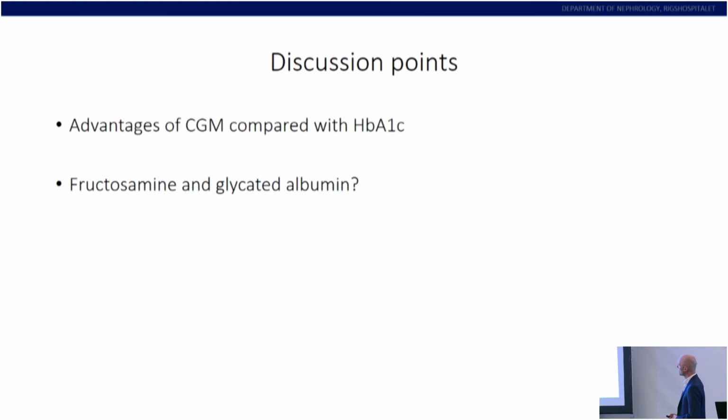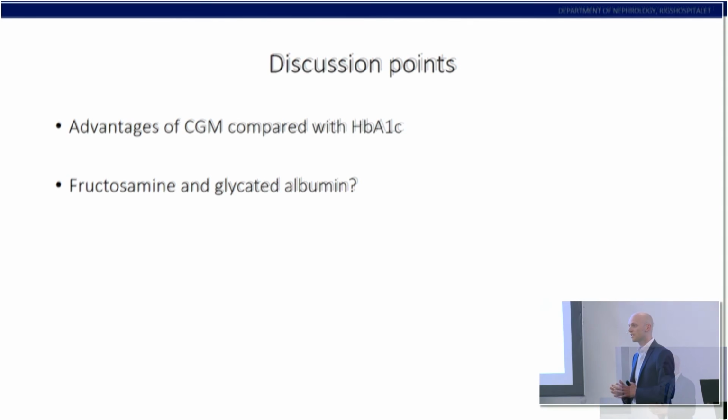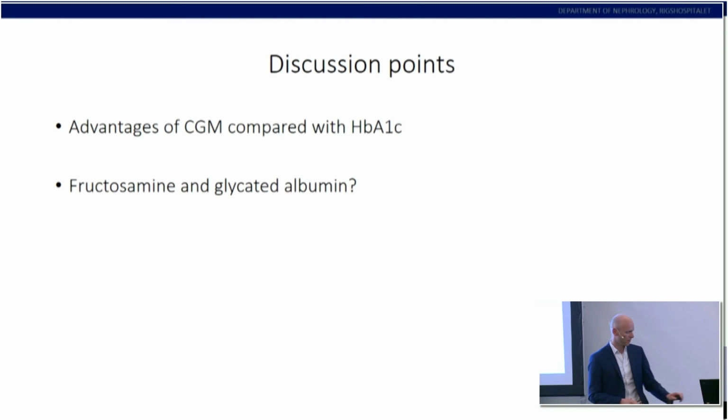Then we have fructosamine and glycated albumin, and I just showed you that they were similar for the haemodialysis group and control subjects, but there are some problems with those markers also. For instance, proteinuria is very common in CKD patients, and we do not really know how that affects these blood samples.